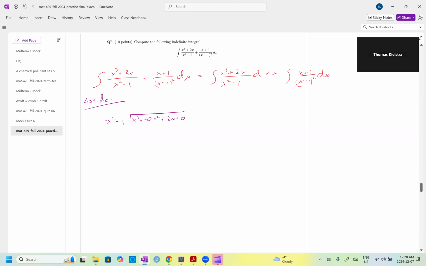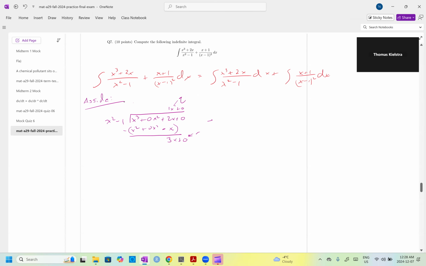This gives me 1x terms, x cubed plus 0x squared minus x, when I subtract, gives me 3x plus 0. This is my quotient. This is my remainder.